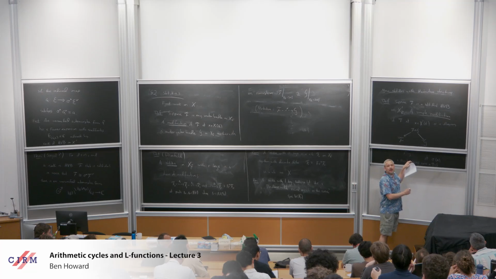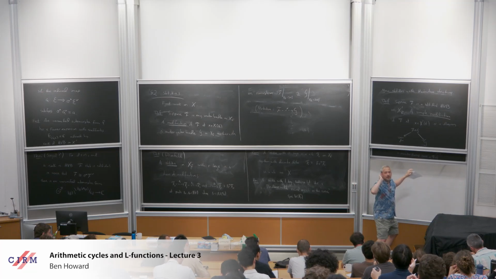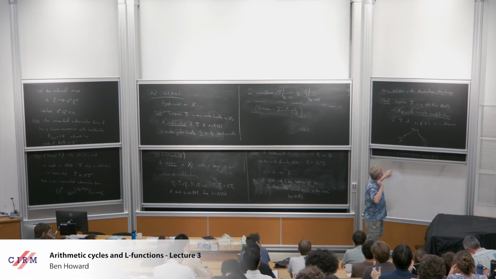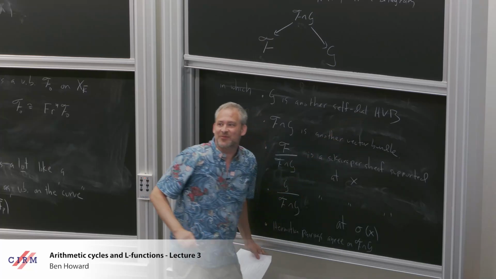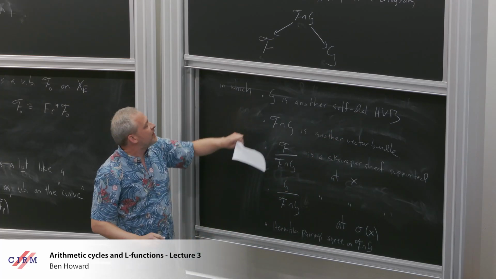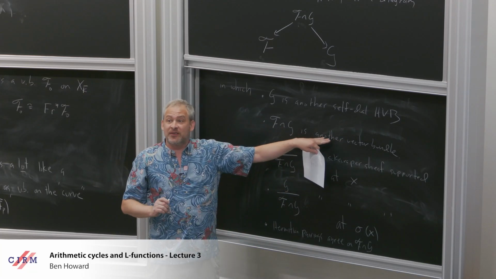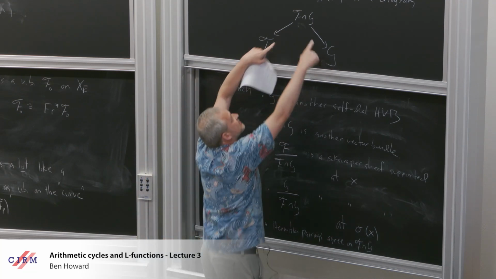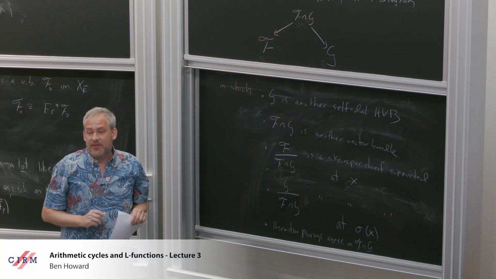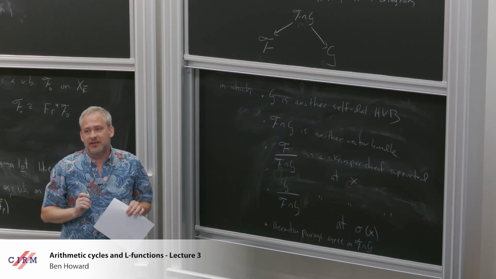Sorry? G is another self-dual Hermitian vector bundle. The intersection is another vector bundle which inherits a Hermitian pairing by restricting both of those, but it won't be self-dual anymore. It can't be.